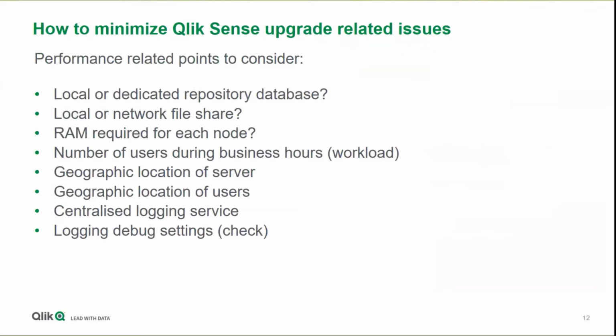Now, geographic location of server and geographic location of users. Again, two very important points there to check, because you may need to reconsider and see where your Qlik Sense server is running from, and how these users are accessing the Qlik Sense server from where in the world. Because certain networks overseas, we come across support cases where these networks show slowness if people access through these networks.